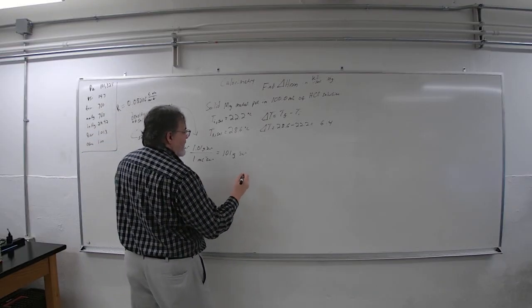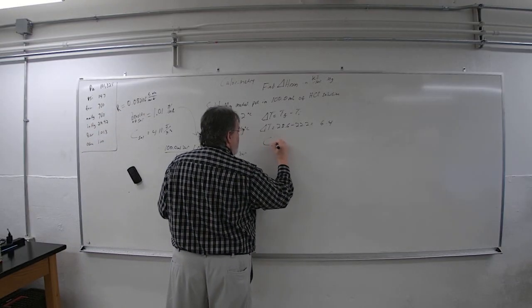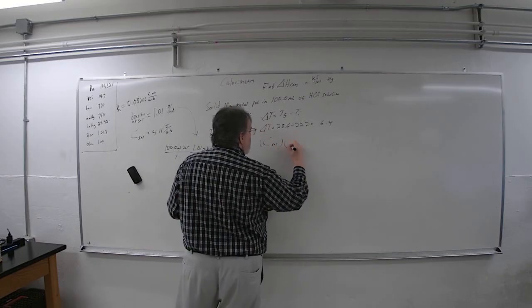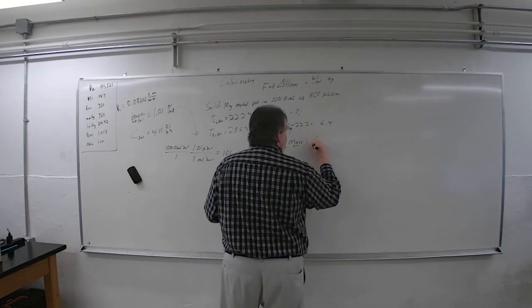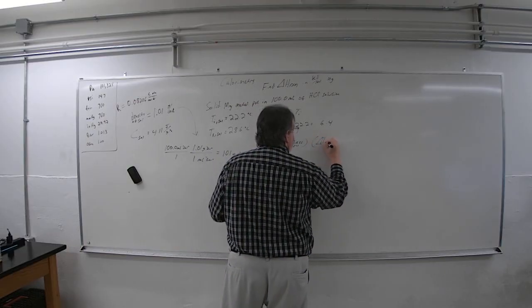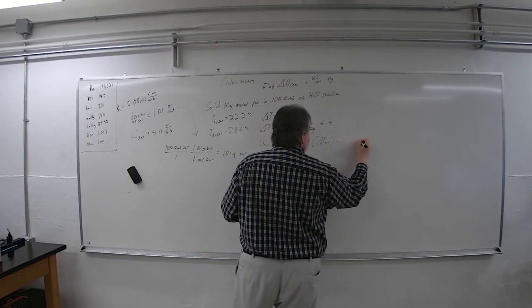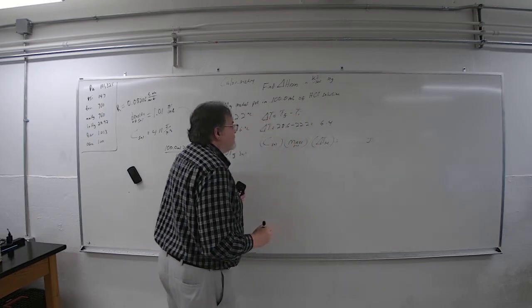All right, so now we have heat capacity of the solution, mass of the solution, and delta T for the solution, and that's going to give us some number of joules.